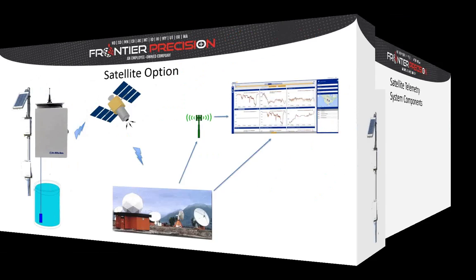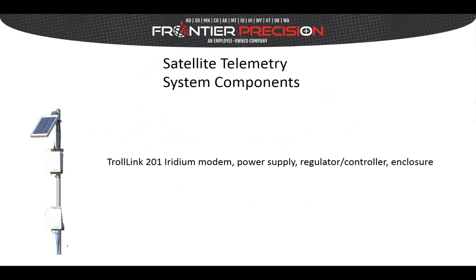So our on-site components for this are what is branded as the TroLink 201 Iridium modem, a power supply, a solar regulator and controller, and then a weatherproof enclosure. And again, we do have that solar panel with the optional external battery pack and enclosure that can also be purchased along with this.